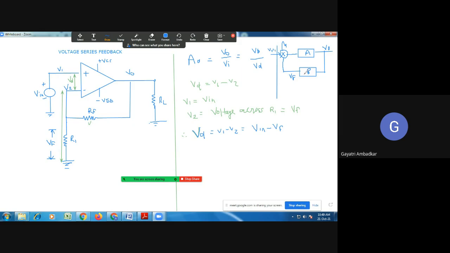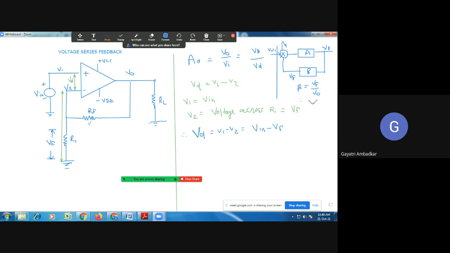So in this case, what is your beta equal to? The feedback factor beta is nothing but the feedback gain. Beta is equal to the output of the beta network, that is Vf, divided by the input of the beta network, so it is Vo by Vf.